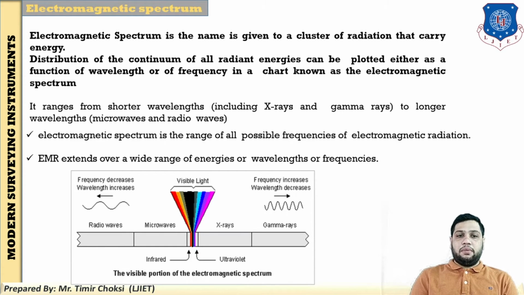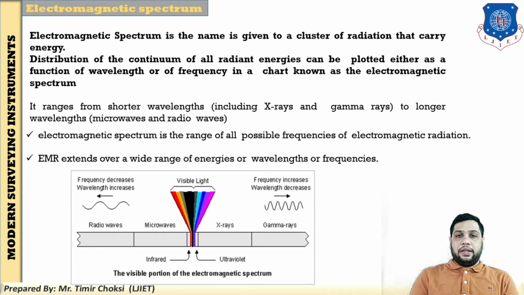Now, the distribution of the continuum of all radiant energies can be plotted either as a function of wavelength or frequency in a chart known as the electromagnetic spectrum. So this is a second definition of the electromagnetic spectrum.